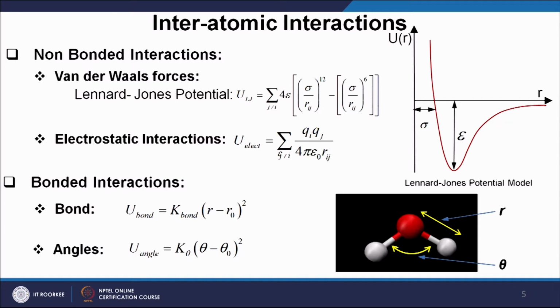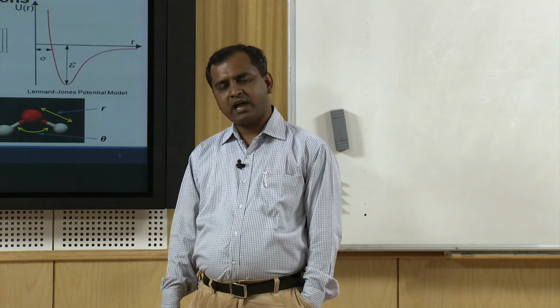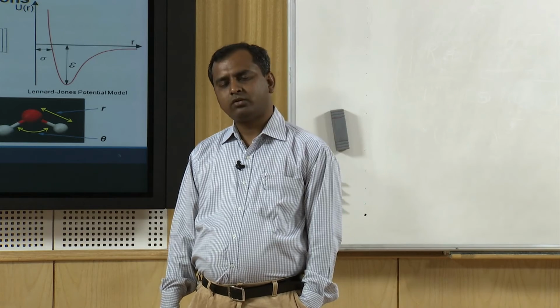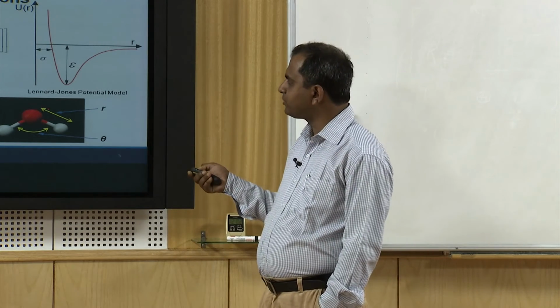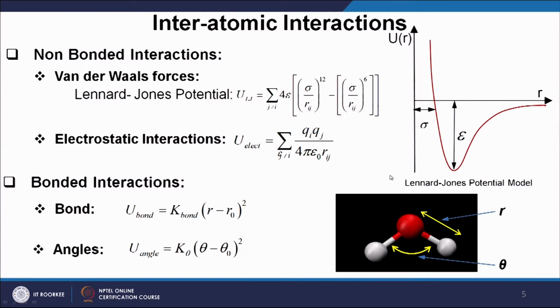Apart from these non-bonded interactions, we can also have bonded interactions. I have already shown you that if we have covalent bonds in a molecular structure, then they are supposed to keep some fixed length between the atoms in the bonds, and they will also keep some angle between the bonds.